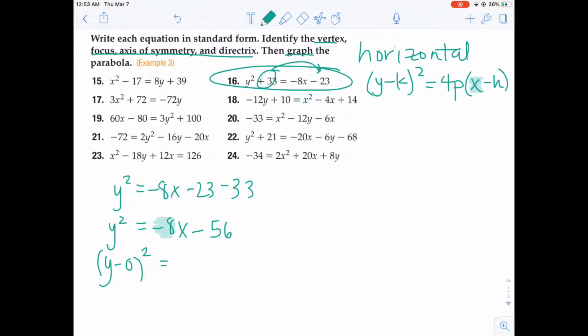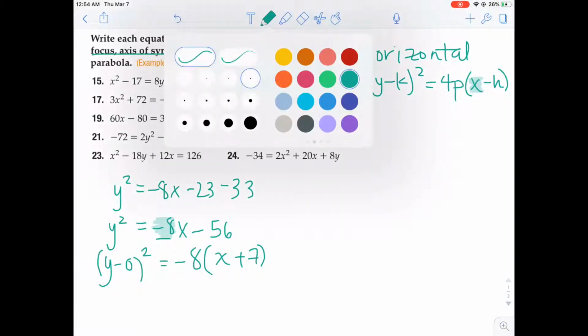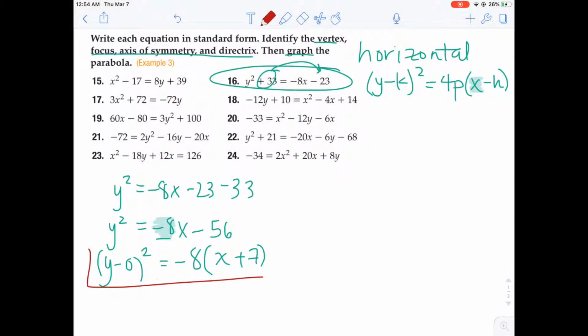So that coefficient of negative 8 is going to get factored out from both of these terms, leaving me with a positive x, and then negative 56 divided by negative 8 is a positive 7. So this is now in standard form: y minus 0 squared is equal to negative 8 times x plus 7. I'm going to box that right here.